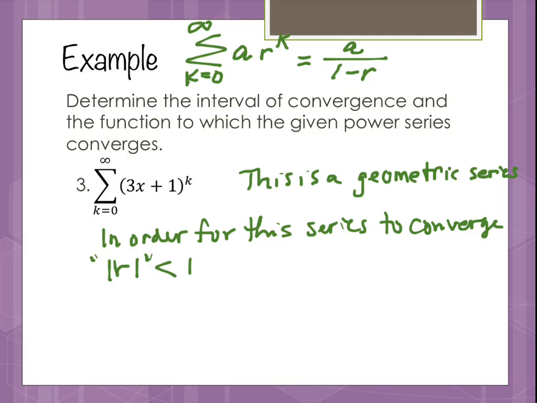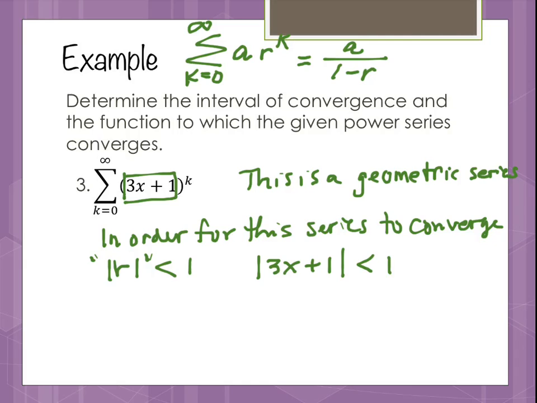So we need the absolute value of that expression to be less than 1. So R in this problem is exactly this piece of information. So this is going to converge when the absolute value of 3x plus 1 is less than 1.